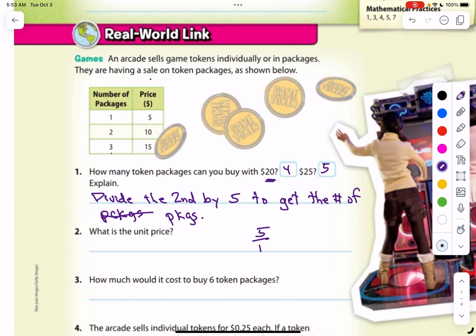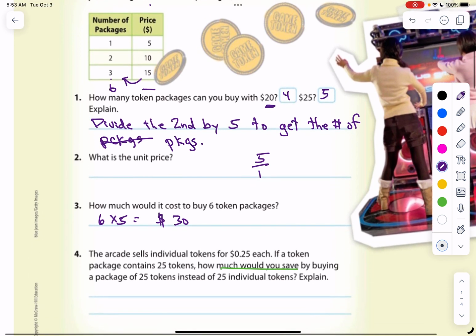So if you divide by 5 to figure out how many packages that much money is worth, what would you do if you want 6 to figure out how much that would cost? Well, you'd multiply by 5. So that is 6 packages times $5 per package equals $30. Did you remember your dollar sign? We are talking about money, so that's appropriate to put a dollar sign.